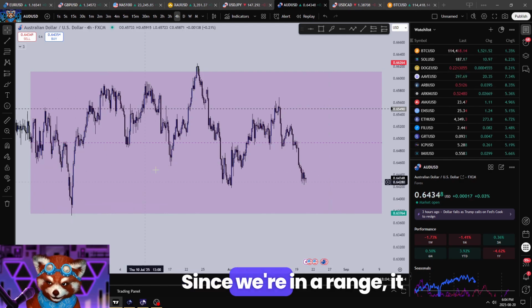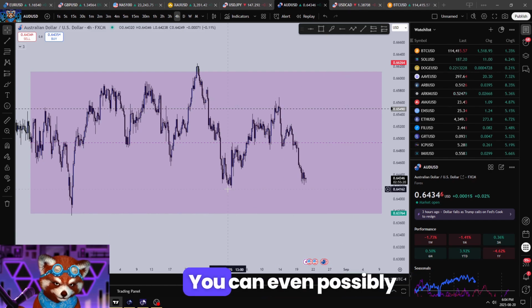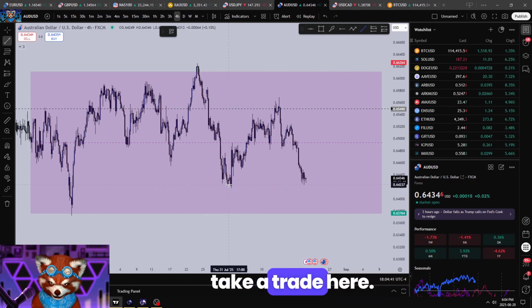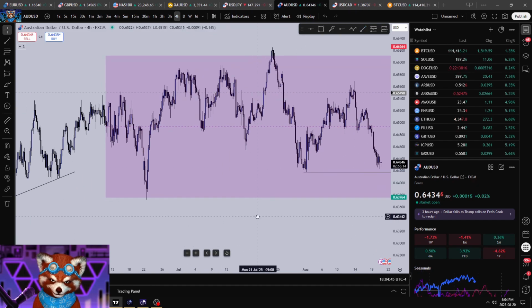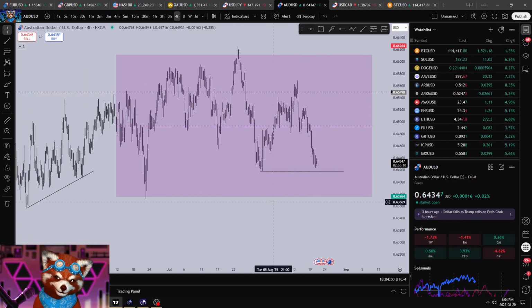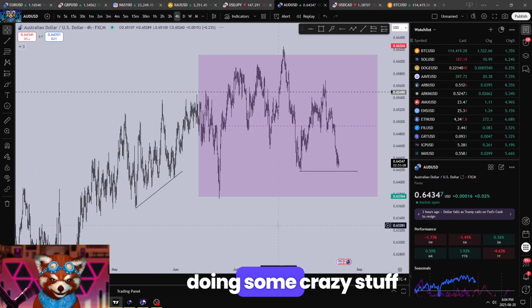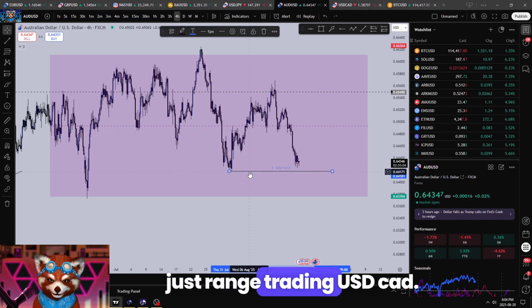Since we're in a range, it just looks like it might go up again, and then down. You can even possibly take a trade here when it sweeps these lows and then look for upside potential, unless it wants to start doing some crazy stuff and breaking out of the range. But as of right now, it's just range trading.